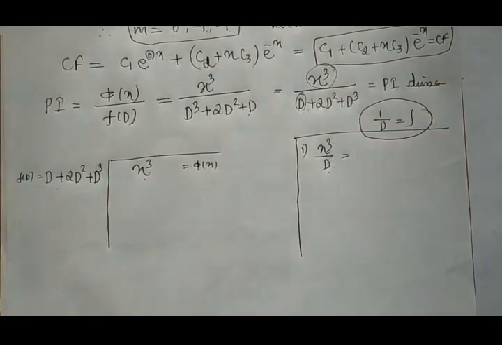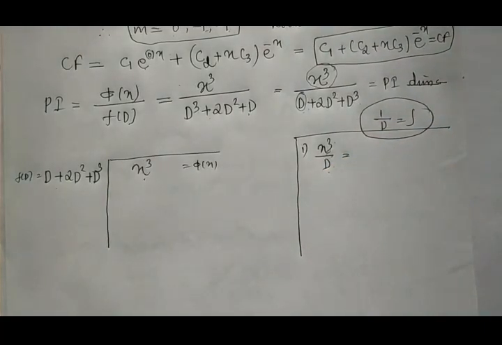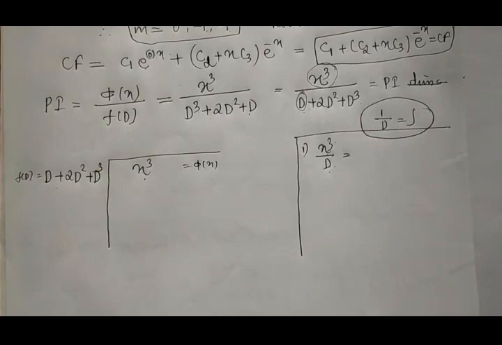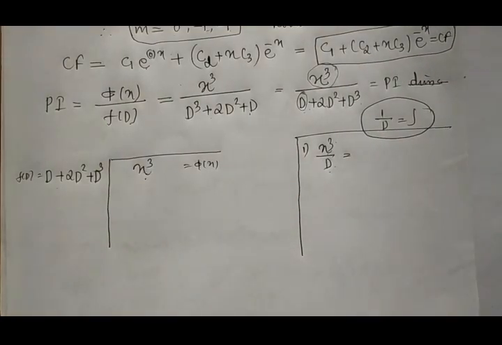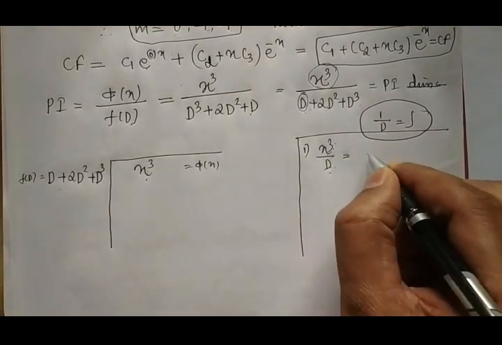So that is called the inverse differential operator. Because of that, many times in the example they say solve this example by using inverse differential operators. This is the reason.